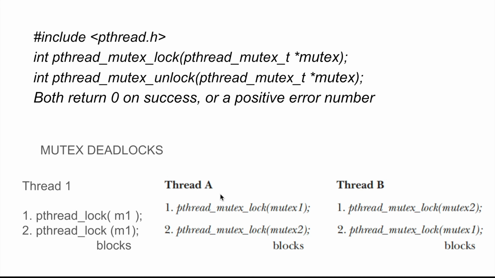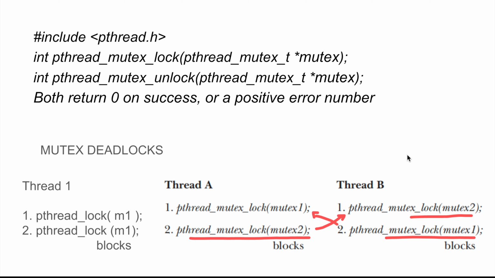There could be another scenario where thread A has locked mutex 1 and thread B has locked mutex 2. Thread A in the next step tries to lock mutex 2, due to which it will block, and thread B in the next step tries to lock mutex 1, due to which this will also block as mutex 1 is already held by thread A.